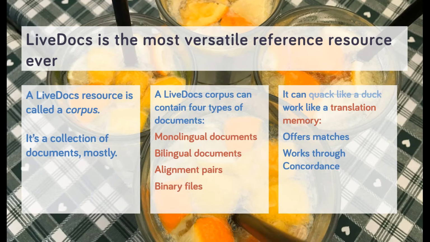You have full context. It's not just the kind of context that you get from translation memories when you get 101 or 102% matches. You can also look at the document where the match is coming from, or where the concordance hit is coming from. So it does a lot of things, and it's been there since 2010.